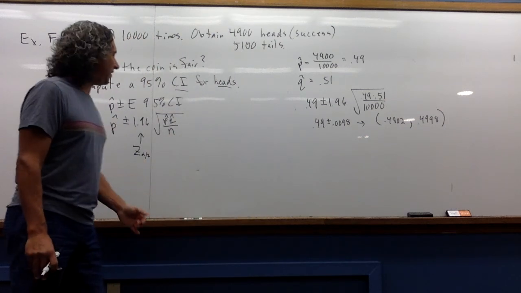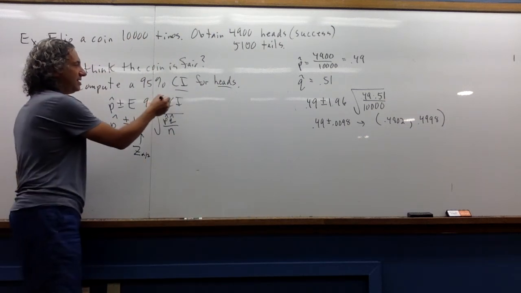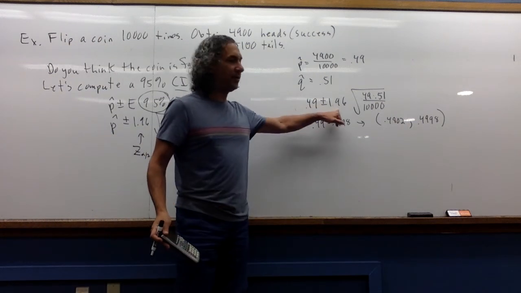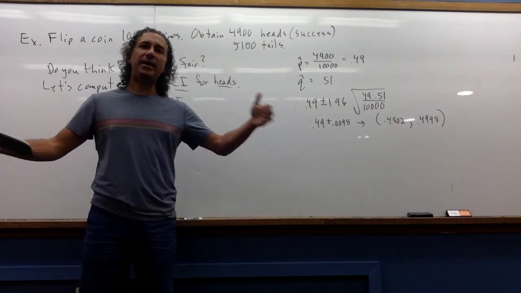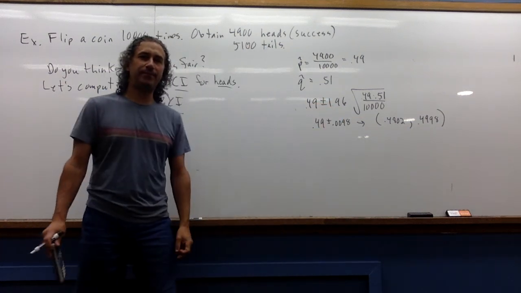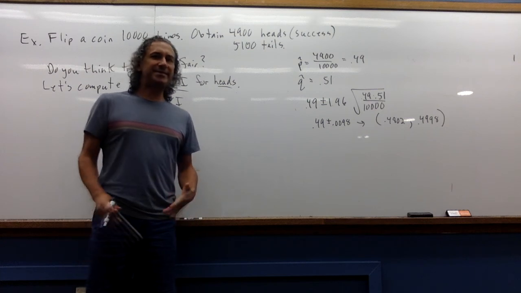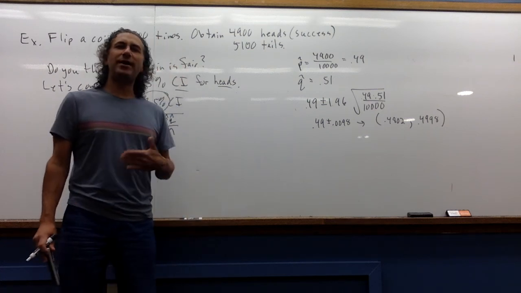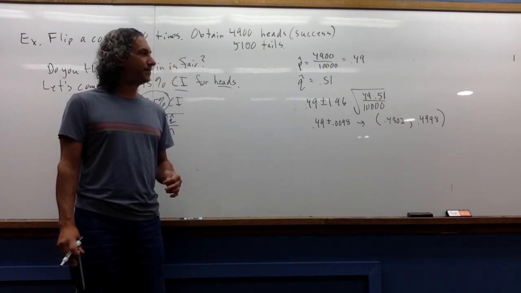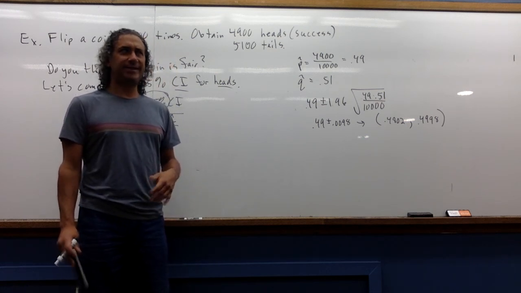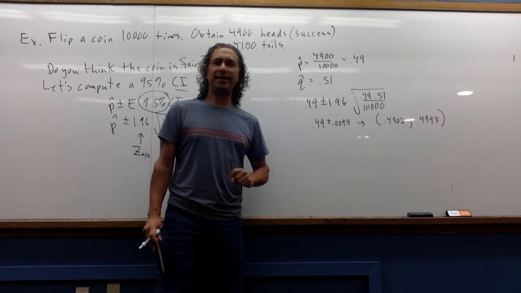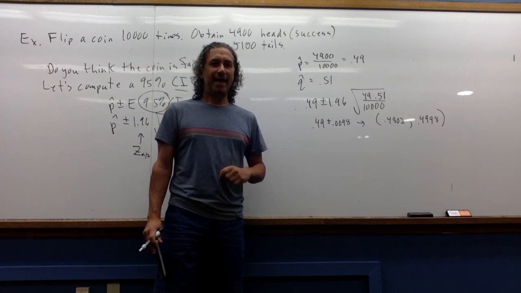Let me point out, though, that if I had a higher level of confidence, this z value would have been bigger, and I would have actually captured the 0.5. So that's the thing about statistics. It's not so cut and dry. In fact, there's a great quote from Mark Twain. I think Samuel Clemens was his real name. Statistics don't lie, but liars use statistics.